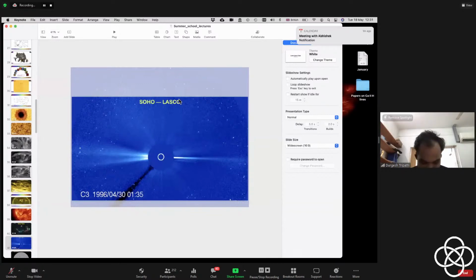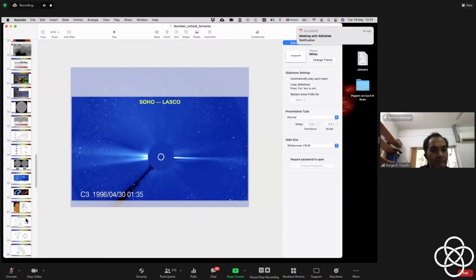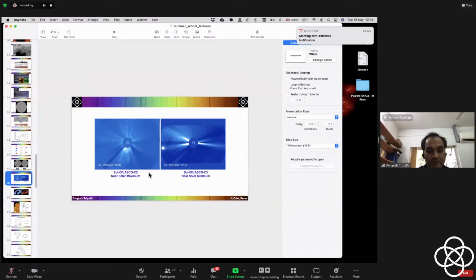Yeah. So thank you for a wonderful talk. I was looking at the nice movie that you showed, the LASCO movie. On the right hand side, it was some solar minimum, and on the left hand side, some solar maximum. So this one. Yeah, exactly.